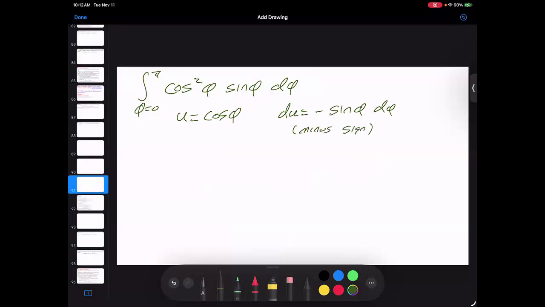You have to remember, where does the minus sign go? The minus sign goes with the minus sign when you take derivatives. So this is almost nice. So this is really just going to be minus the integral. Now, when phi equals 0, what does u equal?